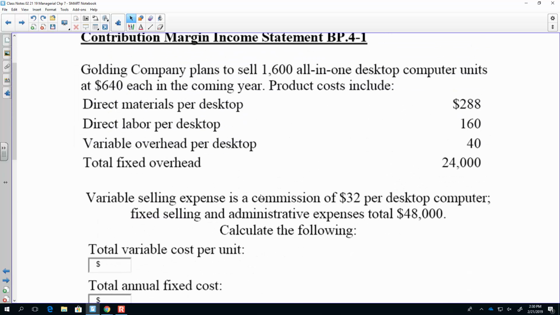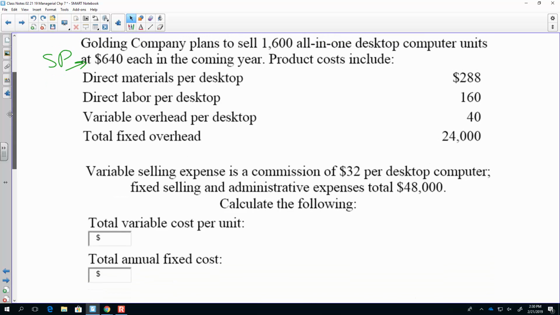First problem on that. This is like my pre-test kind of thing. We have a unit being sold for $640. So here's the selling price. We have some costs. And the reason I'm showing you this problem is because the data is scattered. It's not in a nice one spot location.